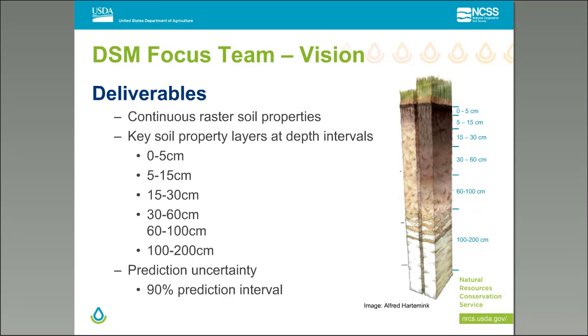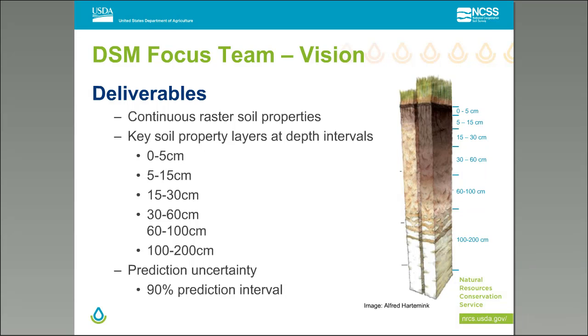but also want to recognize that these products are adaptable in the future, and as needs change, as technology changes, the soil survey information products that are available should be adaptive to that.